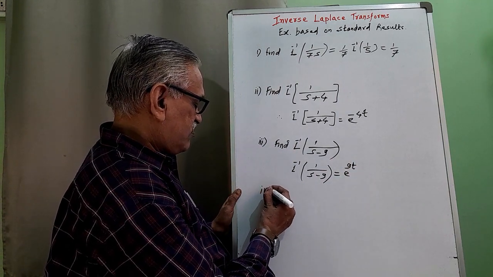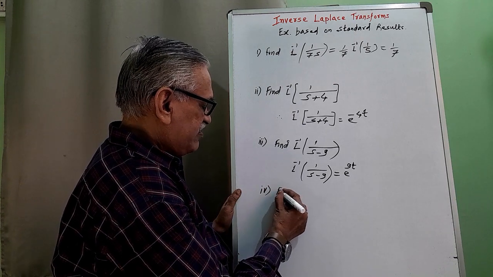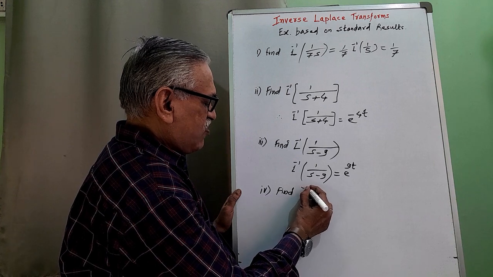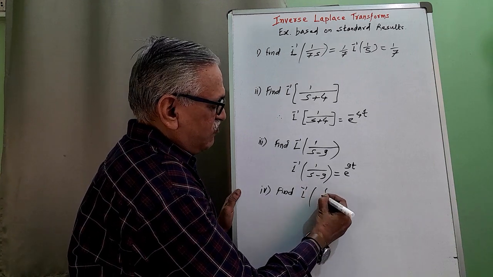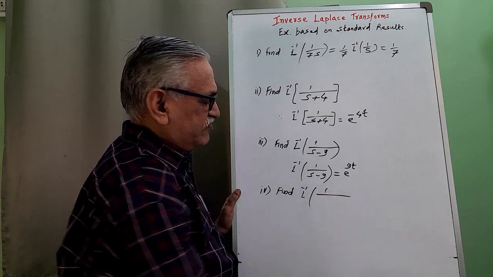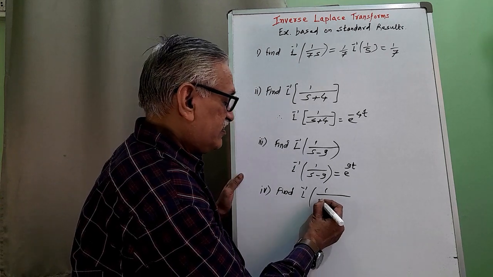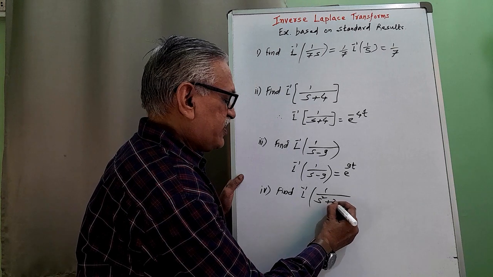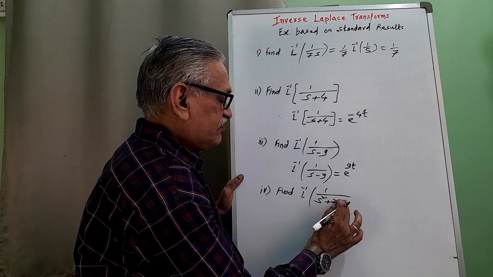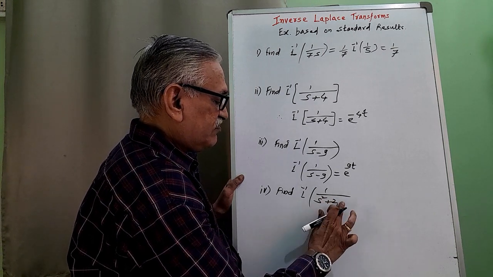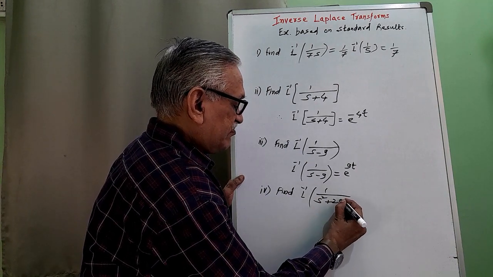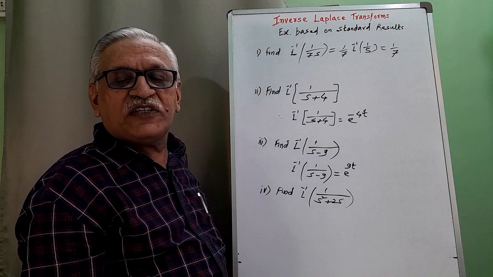Fourth, find inverse Laplace of 1 upon s square plus 25. 25 is 5 square.